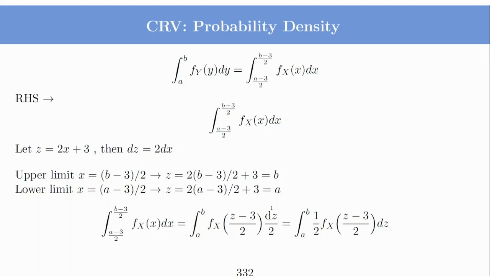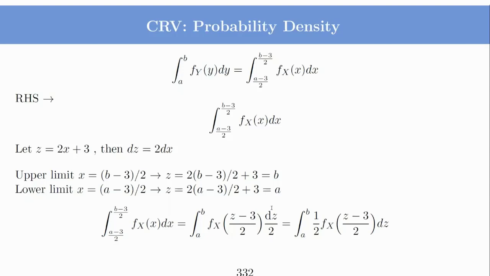So what function can we apply? We can apply z equal to 2x plus 3. If you substitute this, then dz equals 2 dx, that is just a substitution in the integral, and the upper limit will become b and the lower limit will become a.